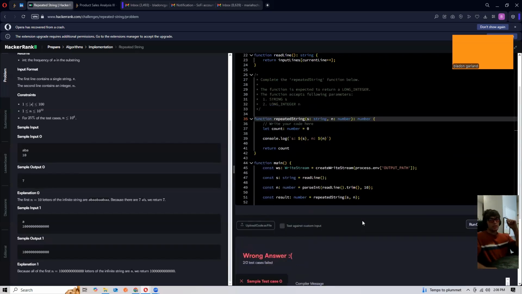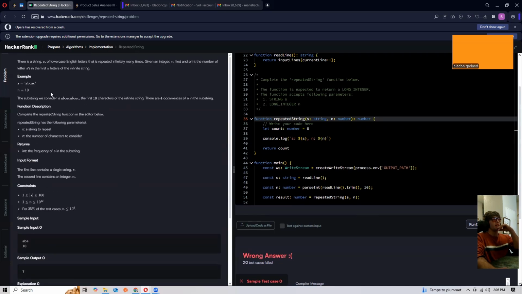So here's what I'm thinking. There is definitely a way to look at the length of our string, and the length of the substring it wants us to take, and then look at our original data, and instead of actually concatenating a string that could be very long, and concatenating strings is, if I remember correctly, a pretty costly operation, we should be able to do something with either the modulo operator or some other operator to get an idea of how many A's there would be.